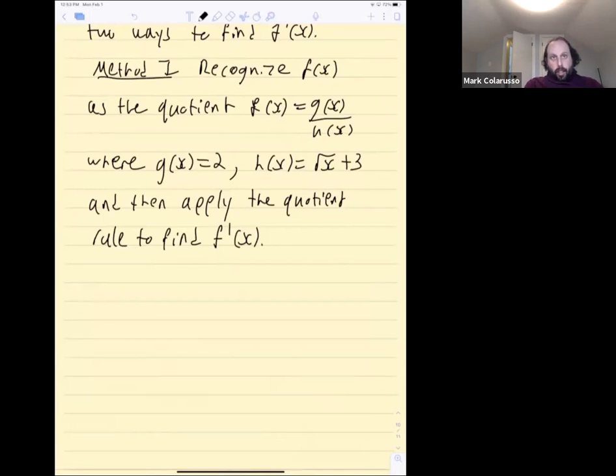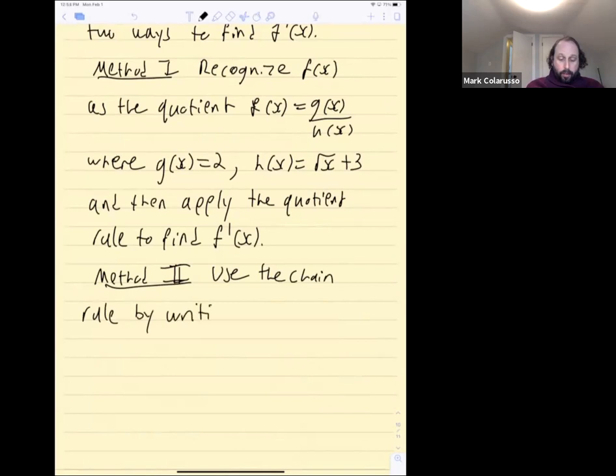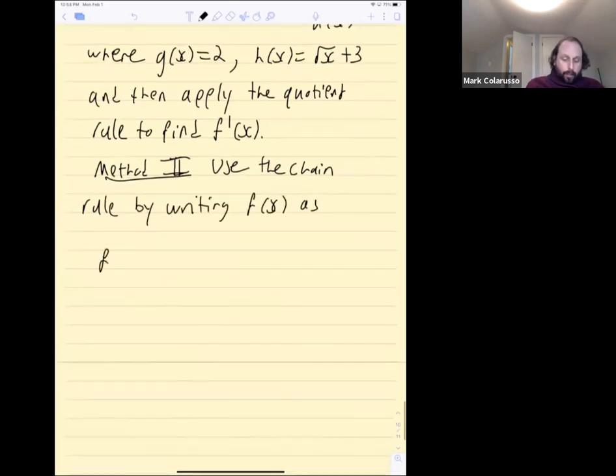In the second method, which we'll do today, use the chain rule by writing f at x equals 2 times the root of x plus 3 to the minus 1.